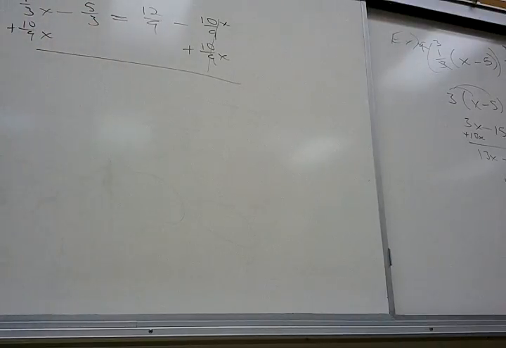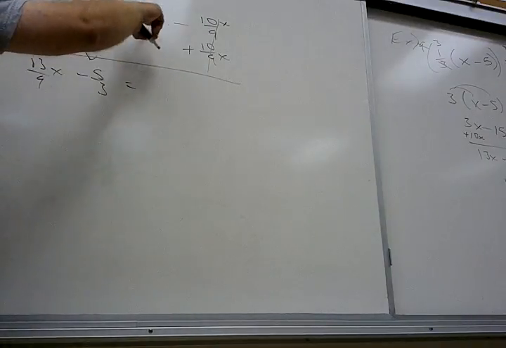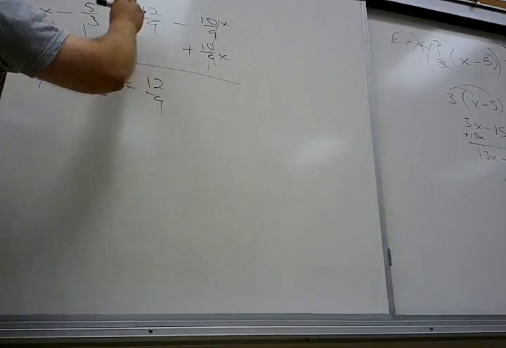Right. So here, you have to multiply this by what to make it over 9? 3. So you get 3/9 plus 10/9, 13/9 x. The minus 5/3 is still there. Equals 12/9 is still there.